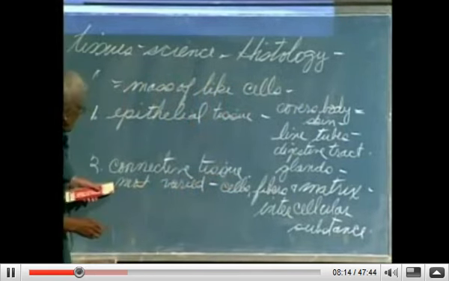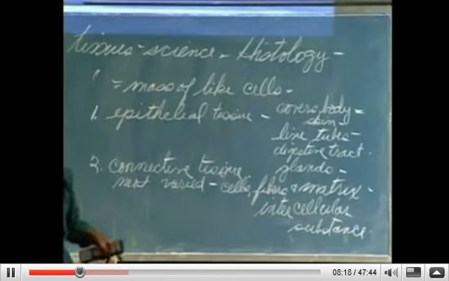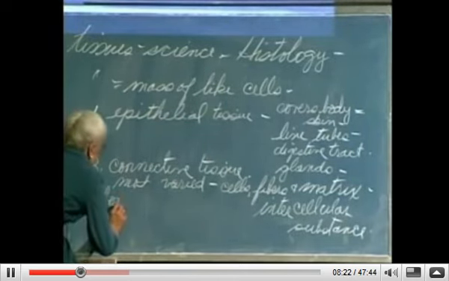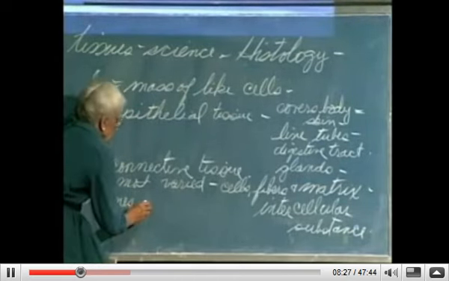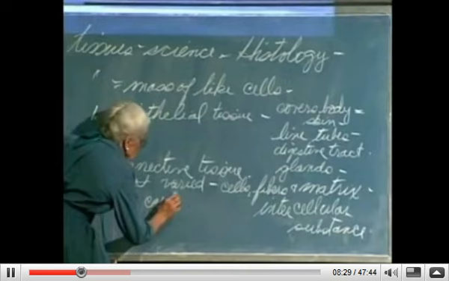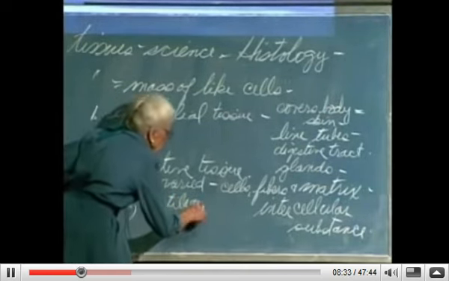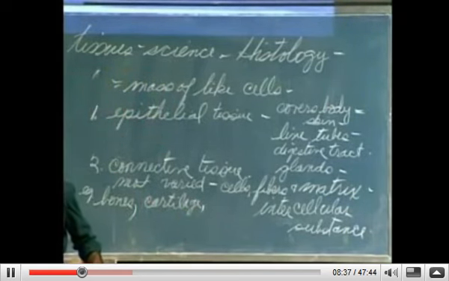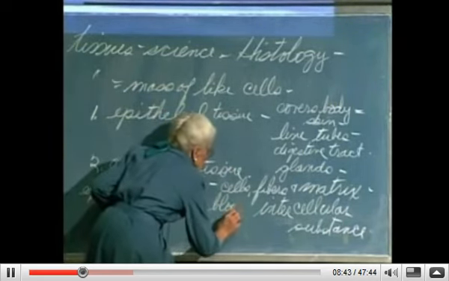So what will we find for our connective tissues? Examples: bones. Bones are a connective tissue. Cartilage. Believe it or not, blood. These are examples.